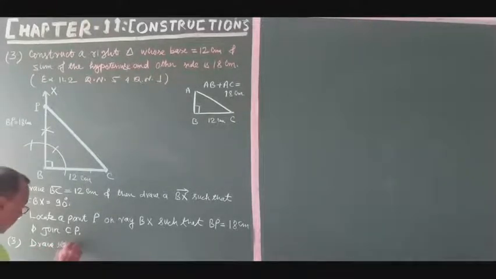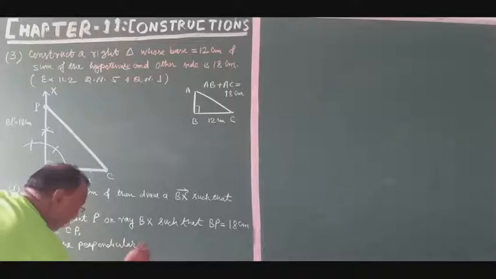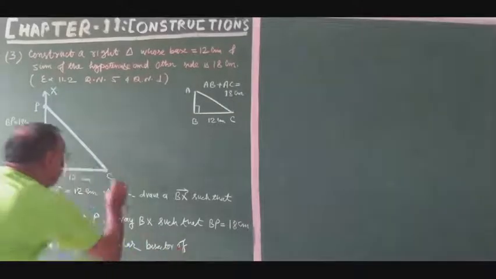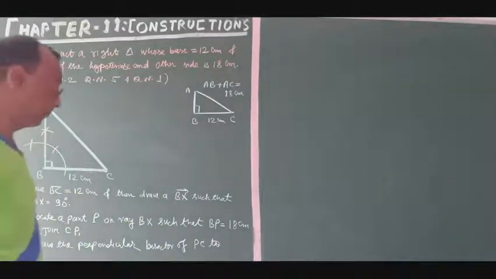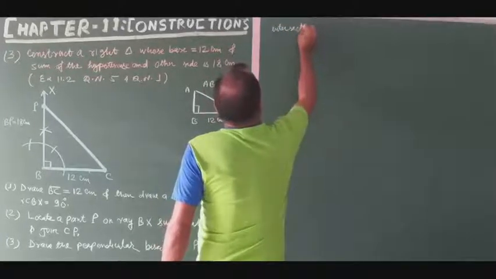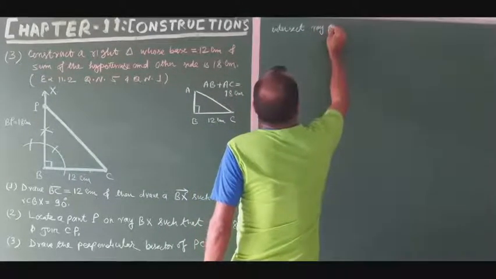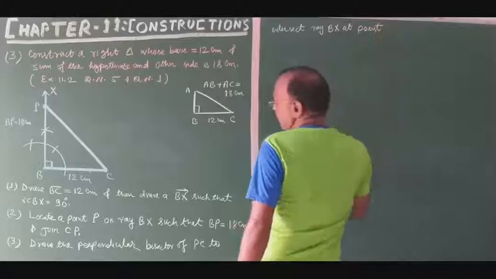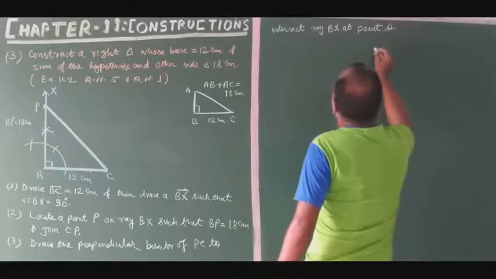Draw the perpendicular bisector of this one, PC, to intersect ray BX at point A. Is it there?